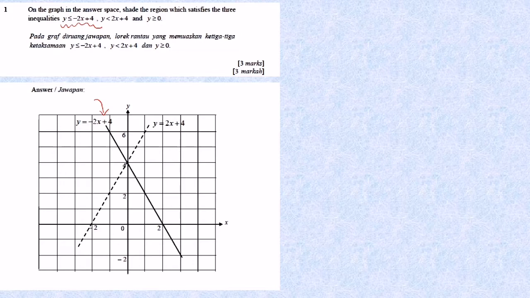Because it is less than or equal to, the straight line is a solid line and the region is below the line. Here. Second one, y less than 2x plus 4. Because it is less than, the line is a dotted line and also the region is below the line.